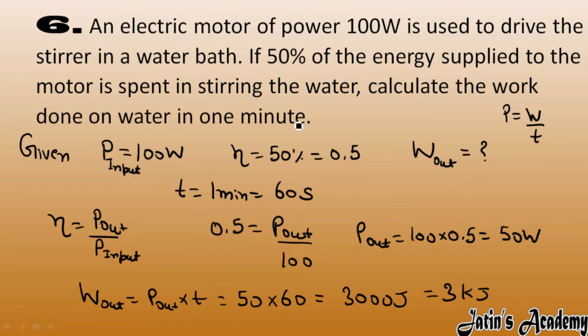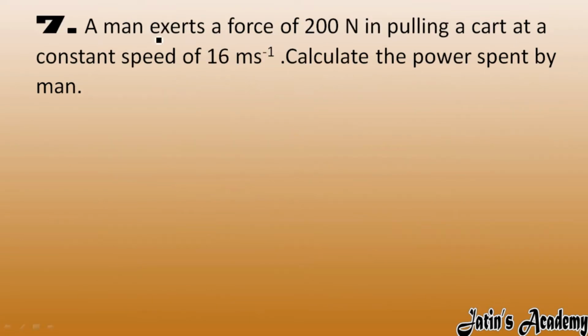Clear? Next we have a man exerting a force of 200 Newton in pulling a cart at a constant speed of 16 meter per second. Calculate the power spent by the man. So here force is given as 200 Newton and constant speed means velocity is given as 16 meter per second. You have to calculate power.